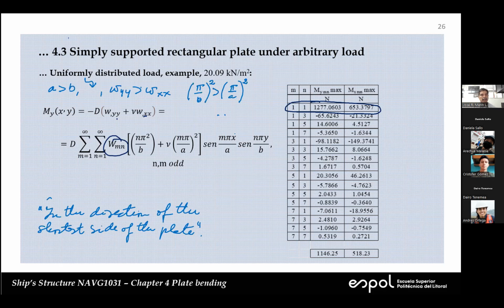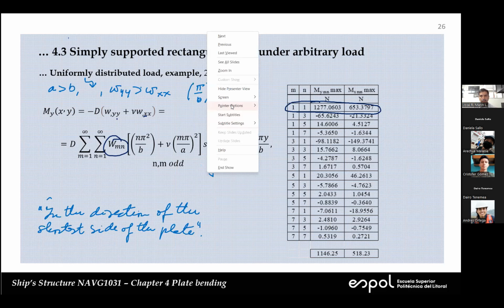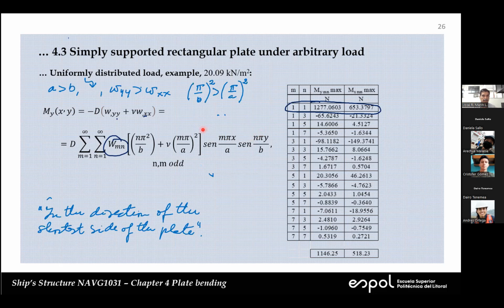Now, here, with the formula that was recalled by Mr. Tenemea, we could apply this formula to evaluate my, I'm sorry. So this is the second derivative with respect to y, with respect to x. And what we said here, since b is smaller than a, this term here is larger than this one here. Now, again, WMN decreases with the sum index.